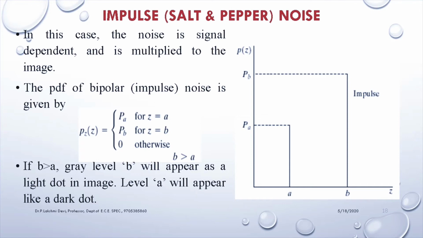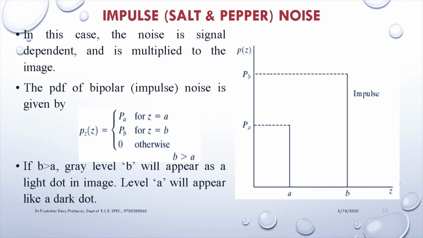It appears to be an impulse in the histogram of an image. These probabilities appear to be like impulses. That's the reason we call this noise impulse noise, or otherwise salt and pepper noise. The reason for calling it salt and pepper noise is that once this noise affects an image, it appears as salt dots, white dots and black dots.